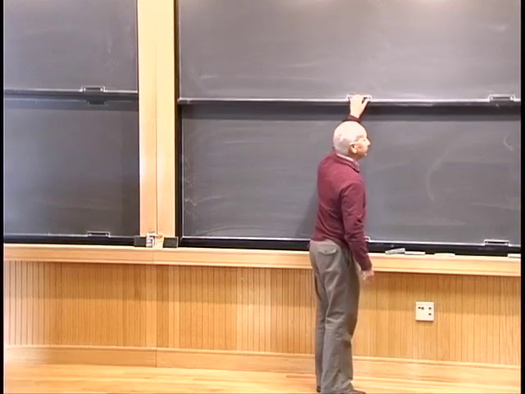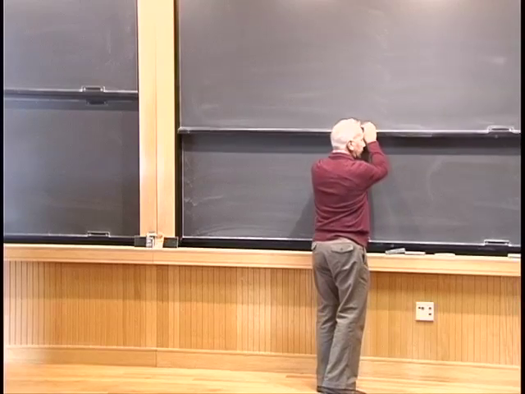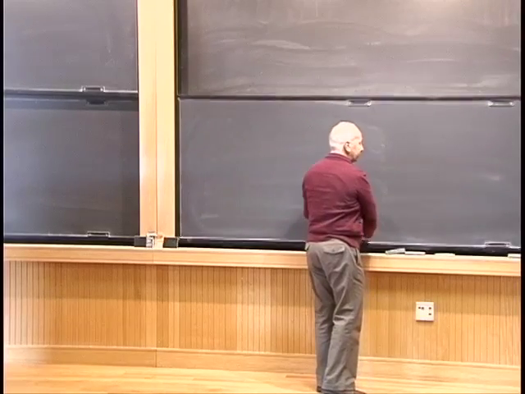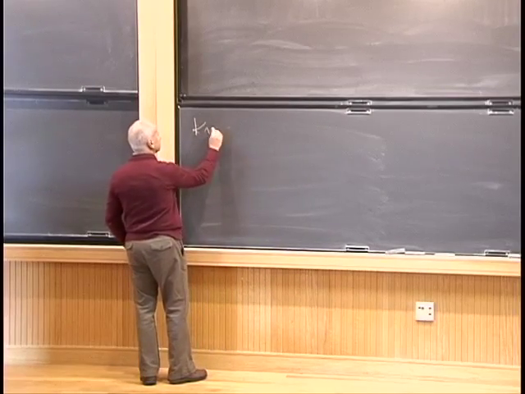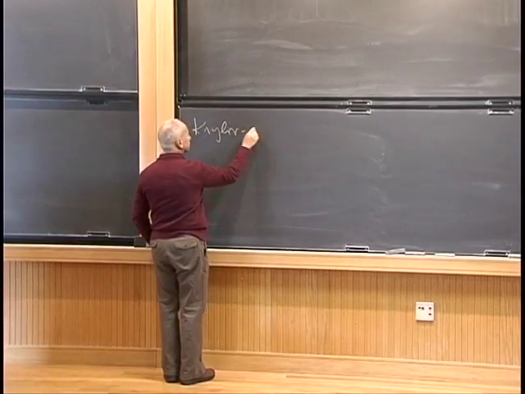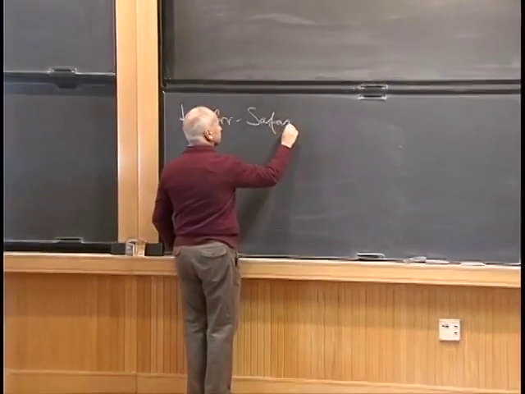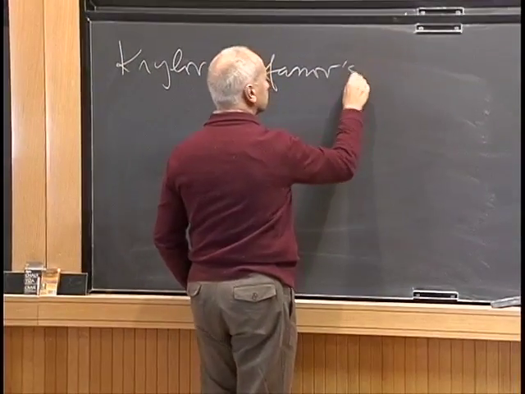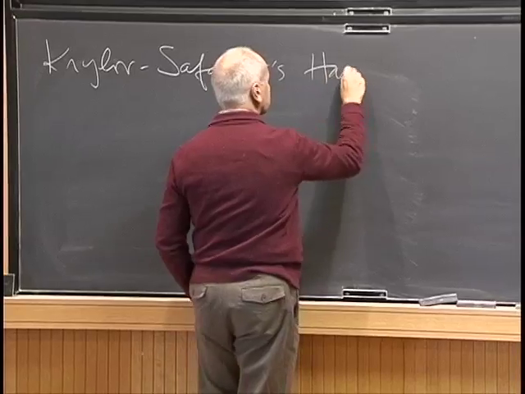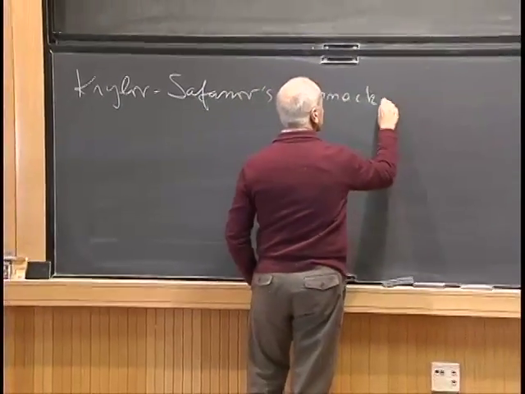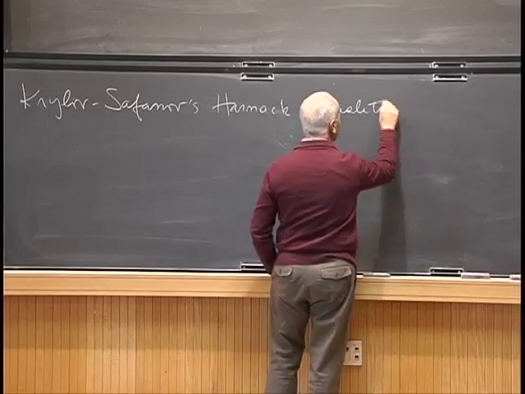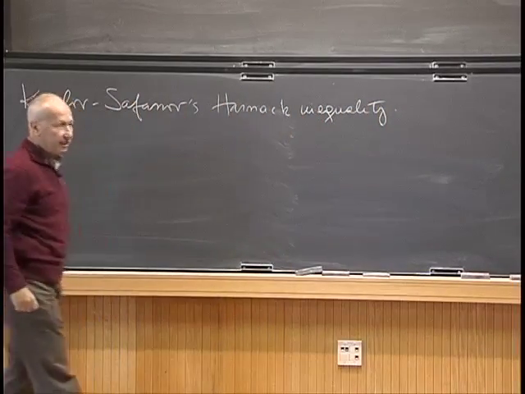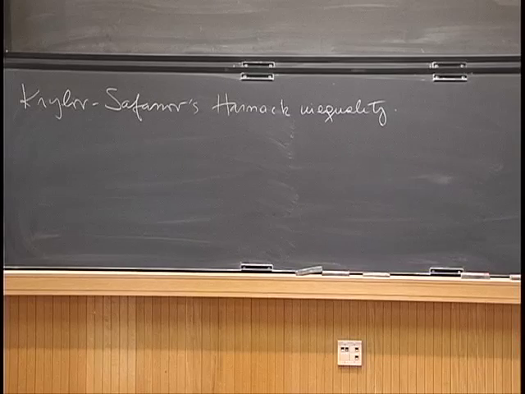One of the fundamental tools of all the theory of fully nonlinear equations is the Harnack inequality, the Krylov-Safonov-Harnack inequality. It says the same as the Harnack inequality for non-divergence equations.